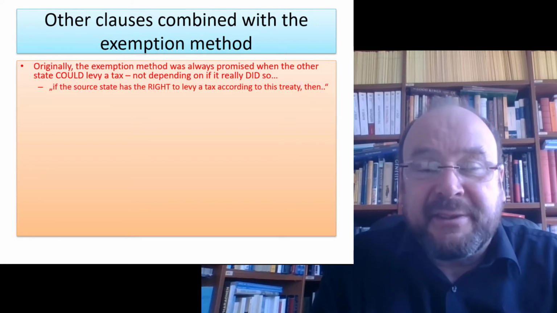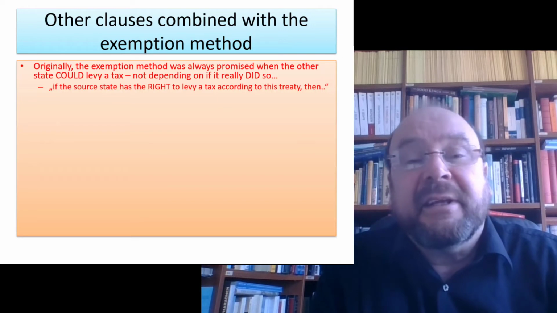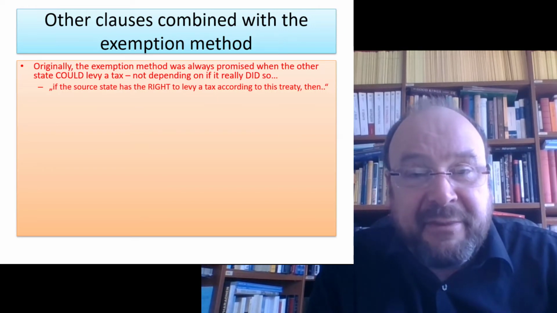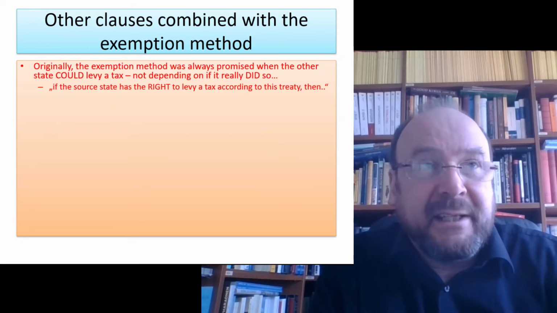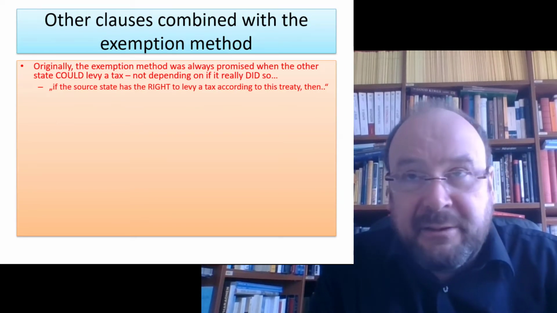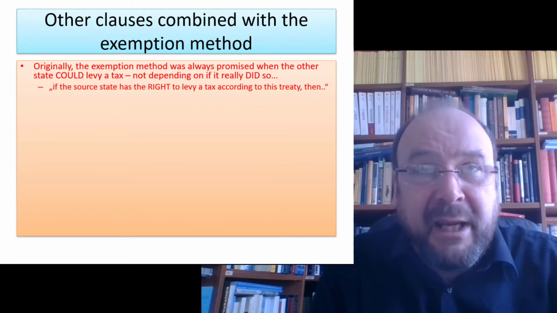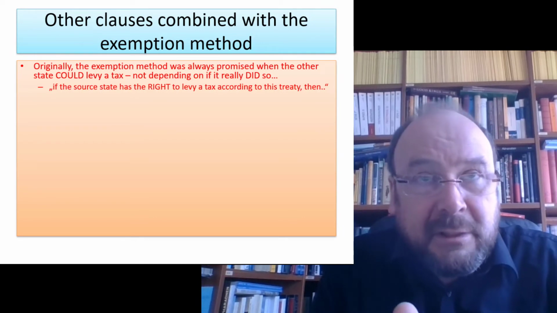So if the source state had under the treaty the right to levy a tax, then the state of residence had to exempt that. That led to the consequence, for example, if state A did not tax something but made it tax-free, then it remained tax-free in your state of residence because that was tax-free.